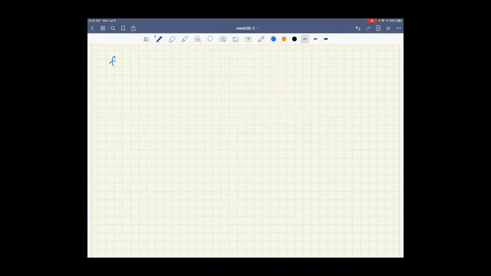So the function we are considering is x squared, and when defined on the interval 0 infinity, that doesn't pass the horizontal line test.